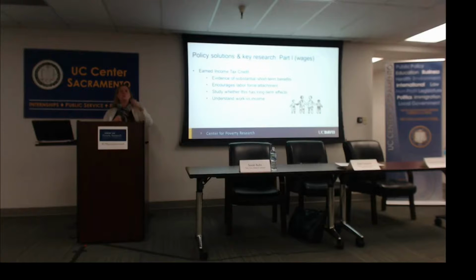It seems to improve children's educational outcomes, improve infant health, and so we're starting to really do a better job of measuring what it means to have a more generous social safety net through this particular program, the Earned Income Tax Credit. We also know that empirically from the research, the Earned Income Tax Credit seems to mainly encourage more participation in the labor market.